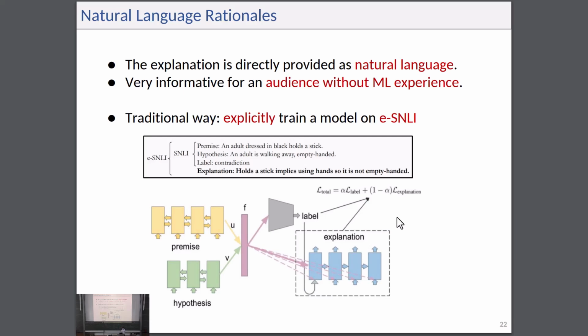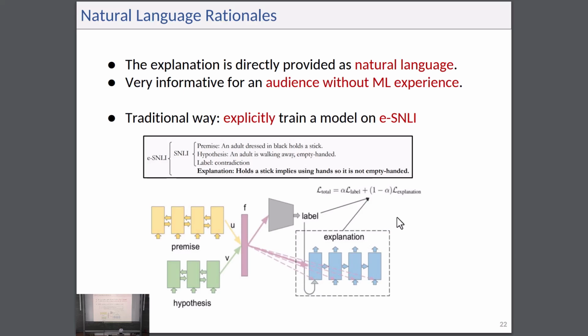That's why there's research into generating human understandable explanations. The problem is, these are often just made up by the model in a way that is plausible, but they don't necessarily reflect what the model is actually doing.